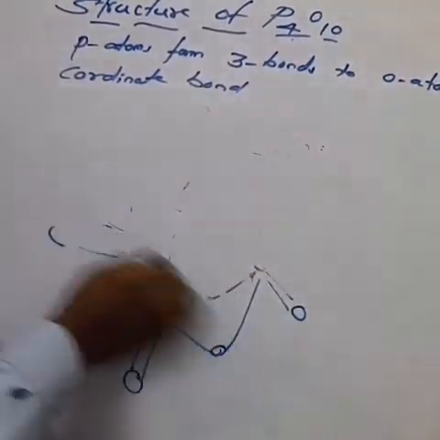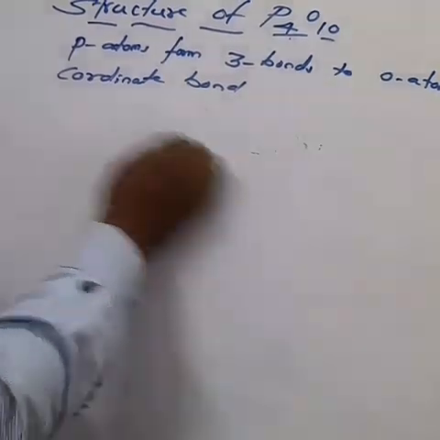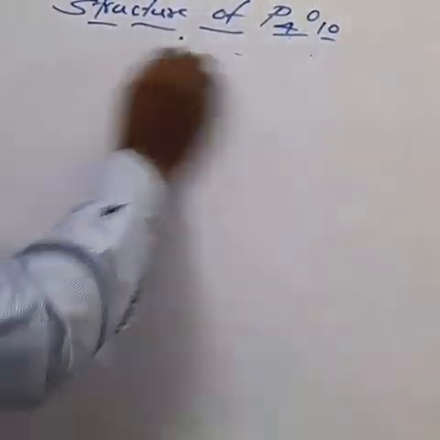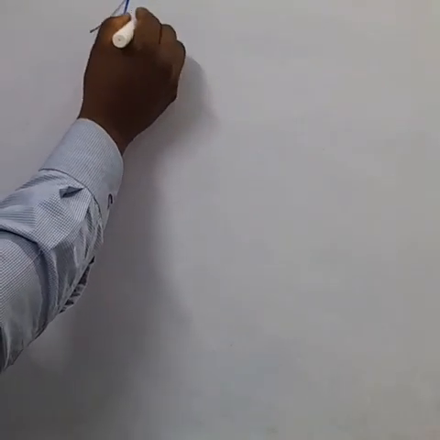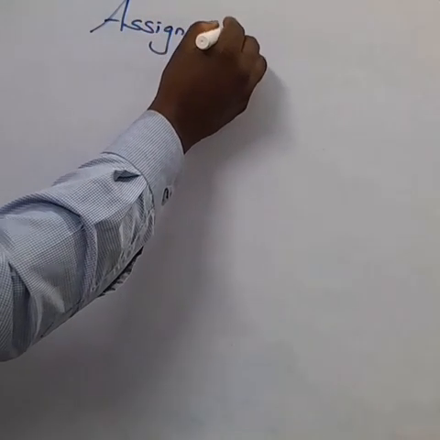So today we learned a very important area. Next we will discuss phosphorus trichloride and phosphorus pentachloride: the reactions, physical properties, chemical properties, and uses. From tomorrow's class we can discuss the structure and preparation of oxo acids of phosphorus.